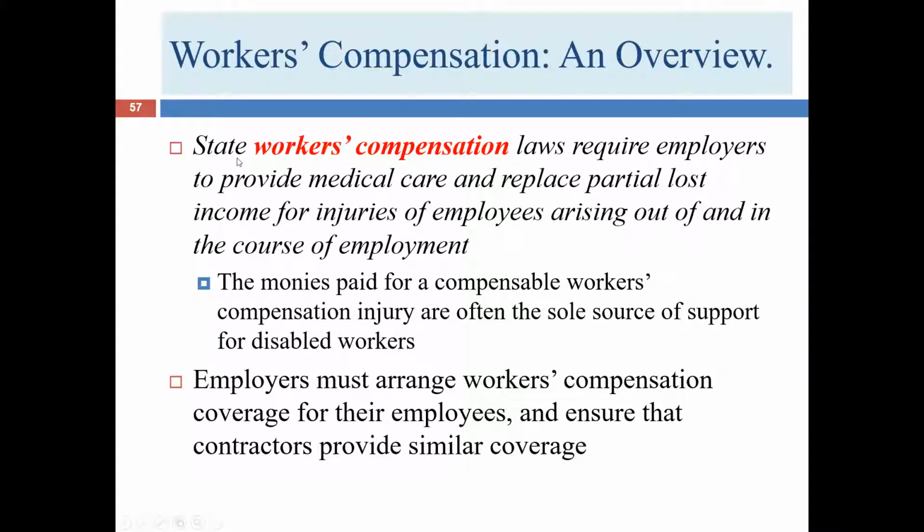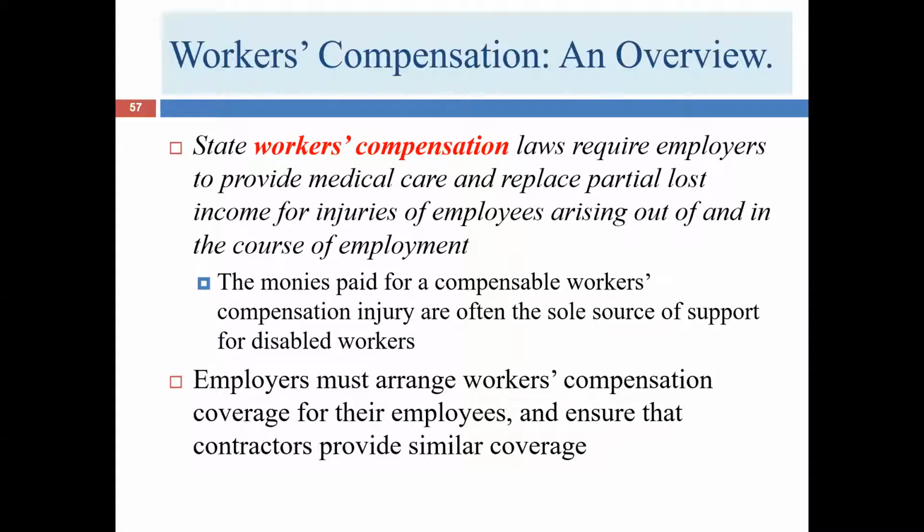So let's consider what state workers' compensation laws require. They require that employers provide medical care and replace at least partially the income that people who are injured at work experience. This is oftentimes done through an insurance product, although there are options for large employers to be self-insured in this area. That is the usual pattern that we see in workers' compensation laws.